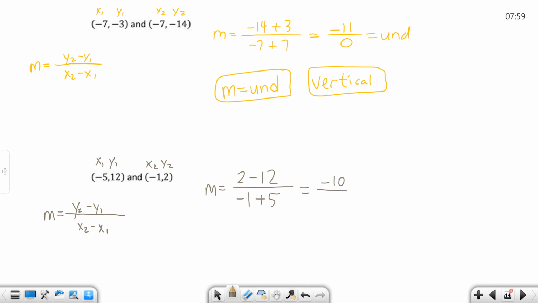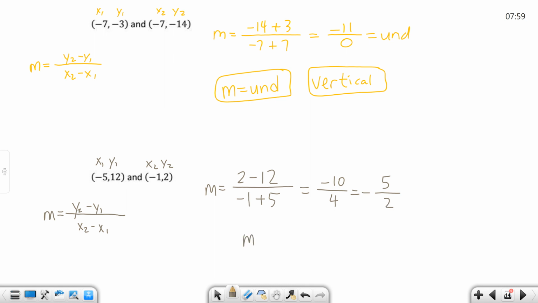That's going to give me negative 10 over 4. Can I simplify negative 10 over 4? Yes. 4 doesn't go into 10, but what goes into both of those? 2. Right? And when we have a fraction that's negative, we typically just bring the negative out front. So 2 goes into 10 5 times and into 4 twice.